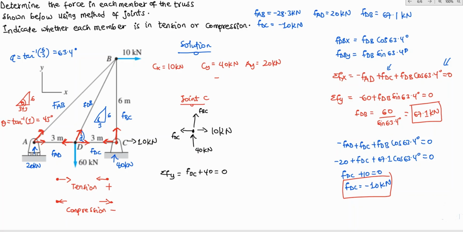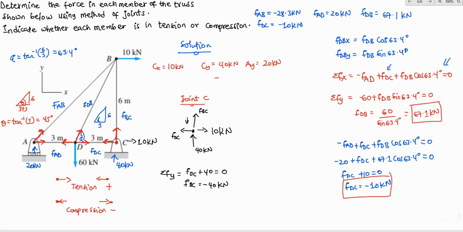You know that this system must be balanced, and if you look at the directions, they are all moving towards one direction. For them to be balanced, one must be in an opposite direction. So you're going to have FBC to be equal to minus 40 kilonewton. That means the direction you chose for FBC was actually supposed to be pointing downwards.